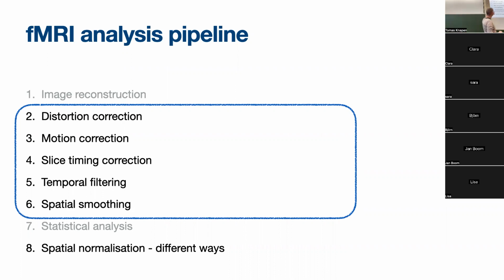What we are going to be talking about are those steps in the middle. So that's image reconstruction. You've gotten an idea about that from the MR physics lecture, and maybe even from the practical that was associated with it. We're now going to go through all of these intermediate steps.